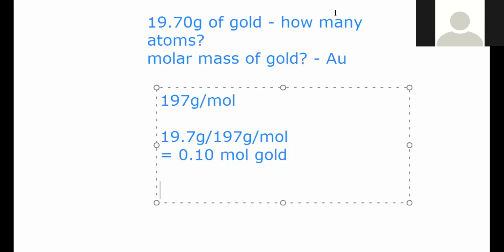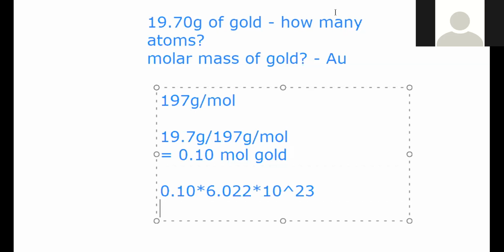We know Avogadro's number, so we would multiply 0.10 by 6.022 times 10 to the power of 23. If you want to put that into your calculator and figure it out, I'm not going to. The answer is largely irrelevant. It's the equation that you want.